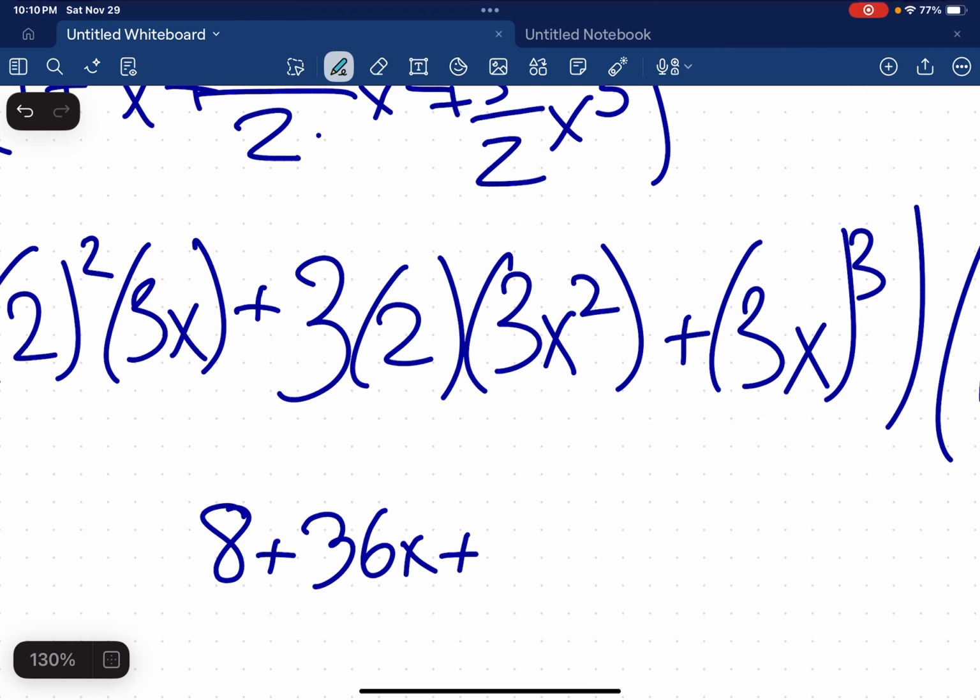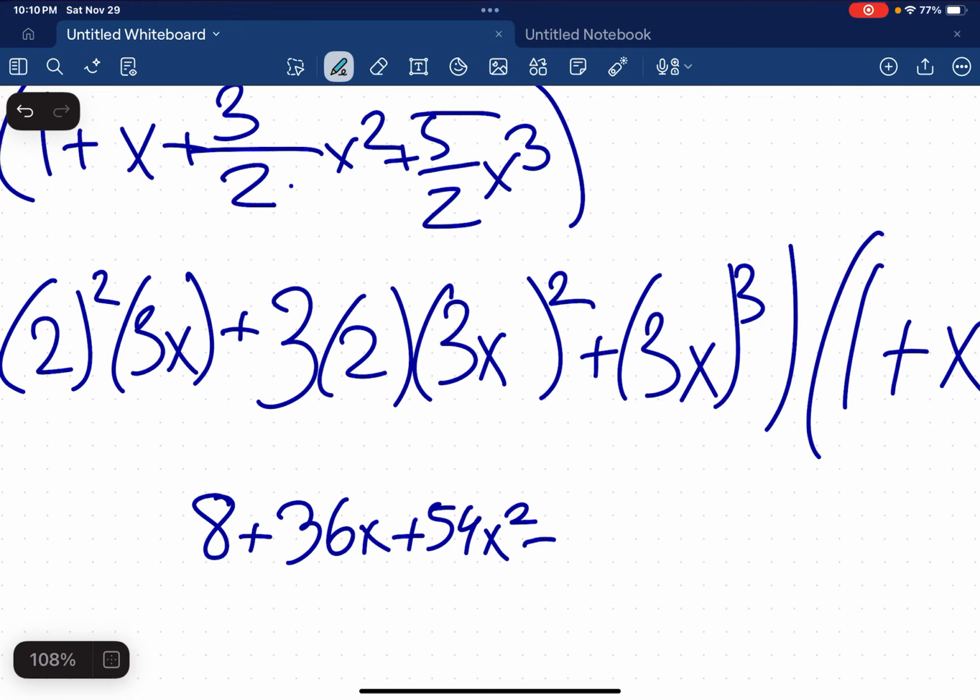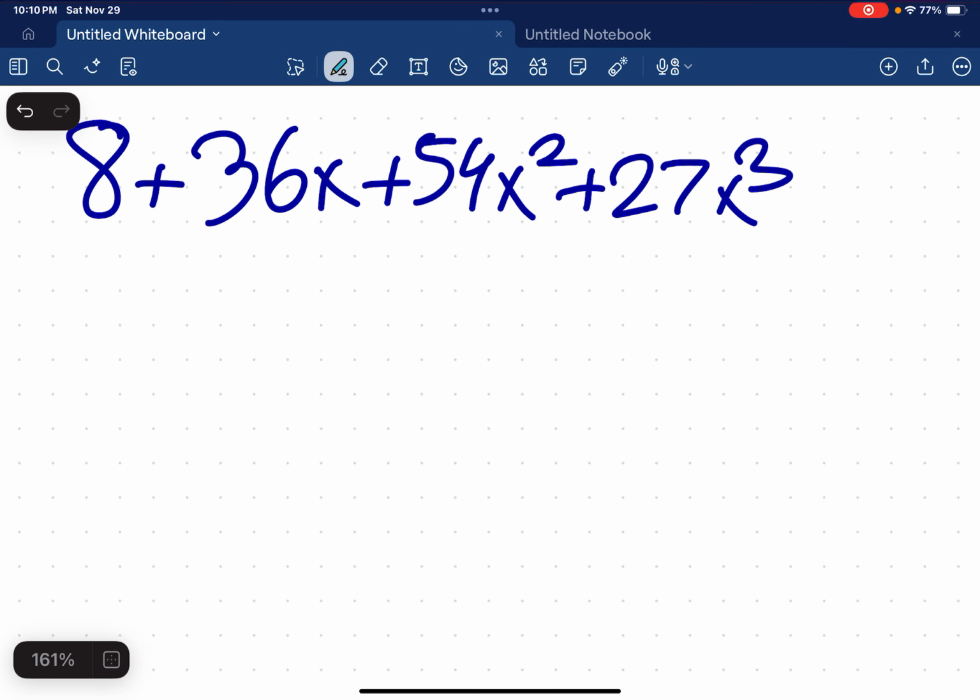That square should be on the outside. Plus 6 times 9 is equal to 54x squared plus 27x cubed.